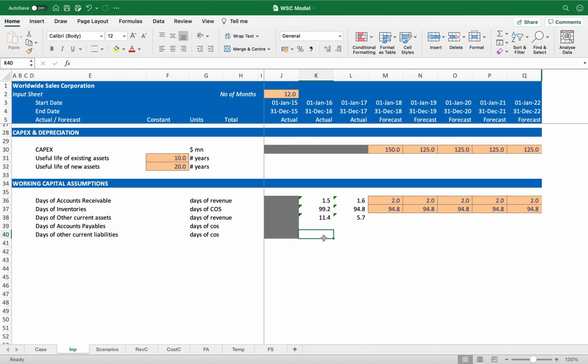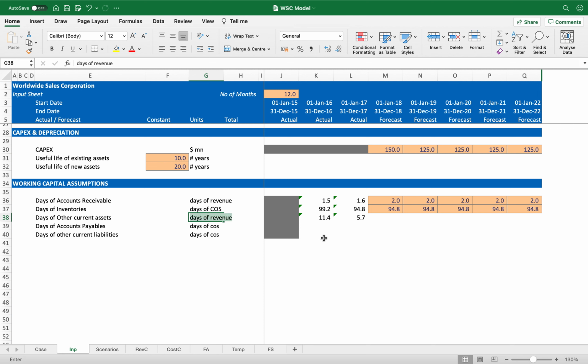Now what you can do is, instead of taking other current assets on revenue, I can take it as cost of sales only. Why? Because I am saying that if my other current liabilities, the base is cost of sales, right? Then for other current assets also, the base should be cost of sales only, right?